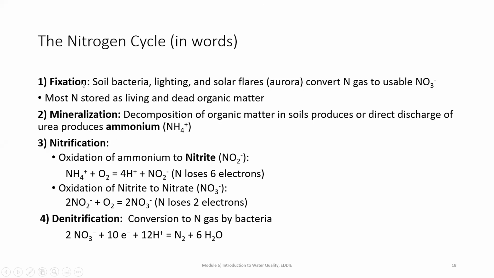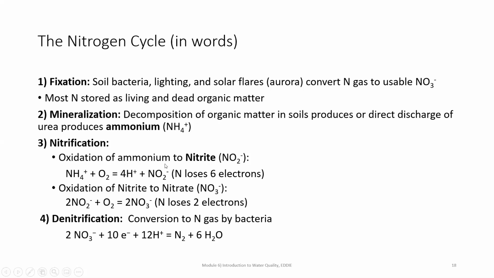For example, for fixation, you need to know that this is where it converts nitrogen gas to something usable, to a nitrogen that is usable, which is nitrate. Mineralization, you need to know that this is when you have decomposition of organic matter, and this produces ammonium. You will have to know what nitrification means.